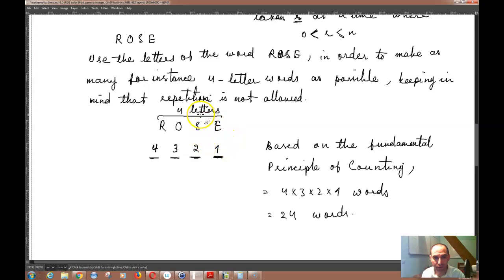Now, in this experiment that we did, we had 4 objects. We had 4 letters here, and using these 4 letters, we made 4-letter words, right?